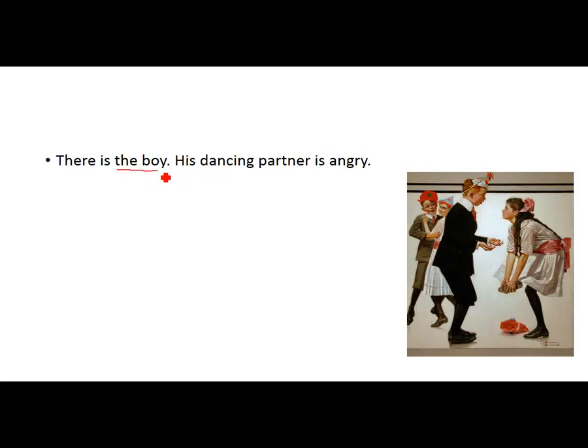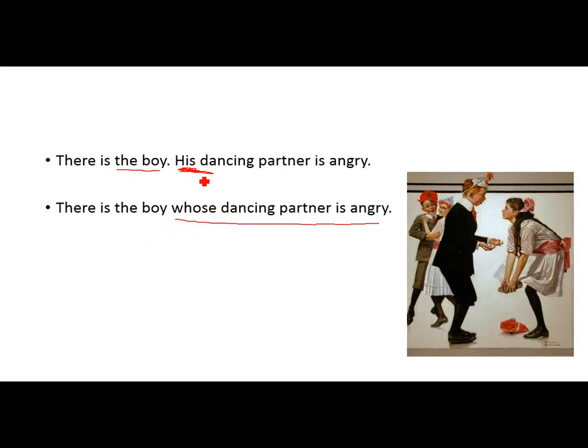The boy and his dancing partner. There's the possessive that I'll use to make the adjective clause with whose. There's the boy whose dancing partner is angry. Whose replaces his. And the adjective clause goes next to the noun that it describes.